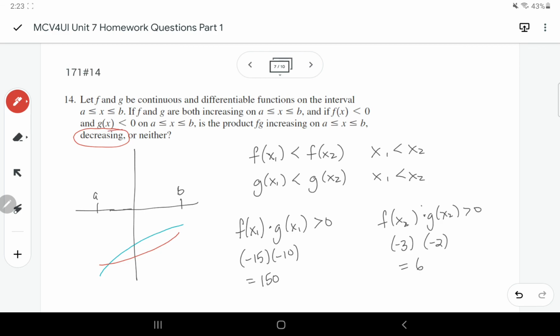Because if we flip this around, we could say that negative f at x1 is bigger than negative f at x2 if x1 is less than x2.